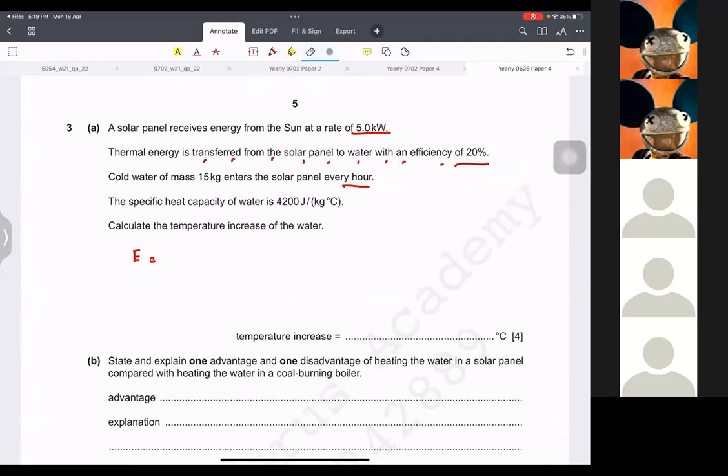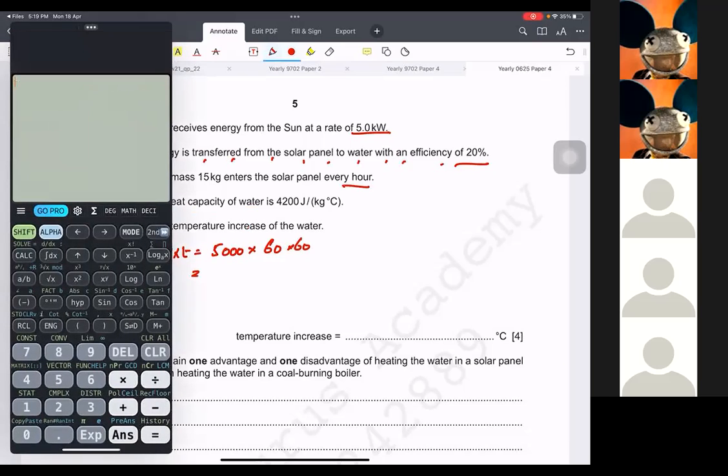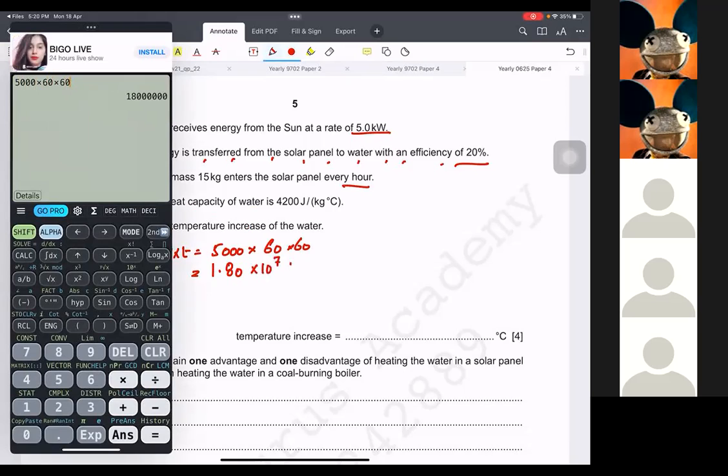So energy is power into time. Power was 5,000, time was 1 hour, 60 minutes into 60 seconds. So this is going to be 1.8 times 10 raised to 7 joules.